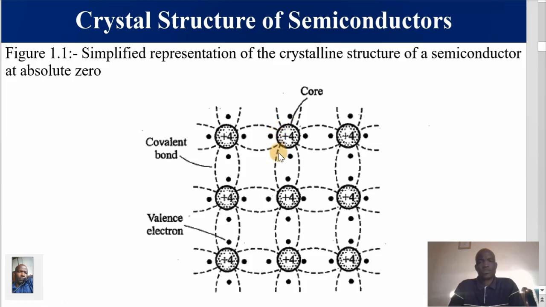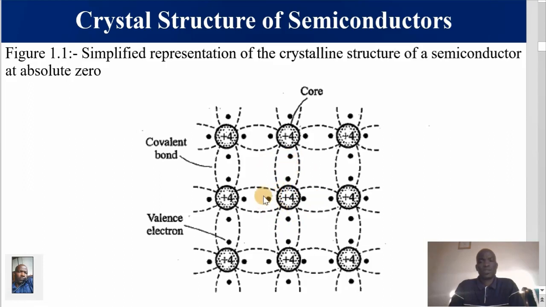If the outermost shell of an atom has 8 electrons and is said to be full, it cannot accept more. An intrinsic semiconductor has only 4 electrons in its outermost shell, so it needs 4 more to be stable. How does it gain those 4 electrons? By sharing with 4 atoms, each donating 1 to each of the 4 atoms.